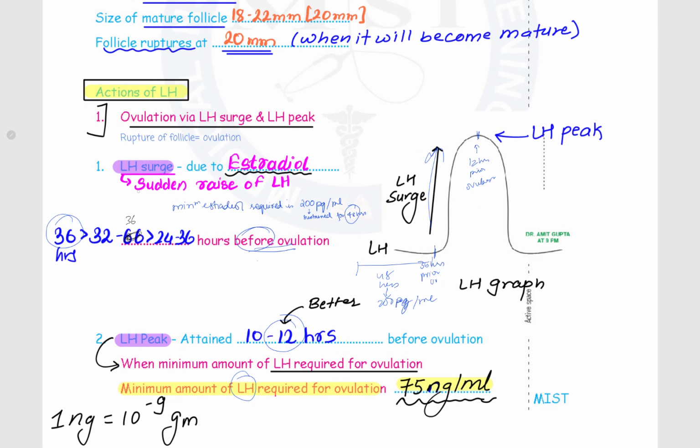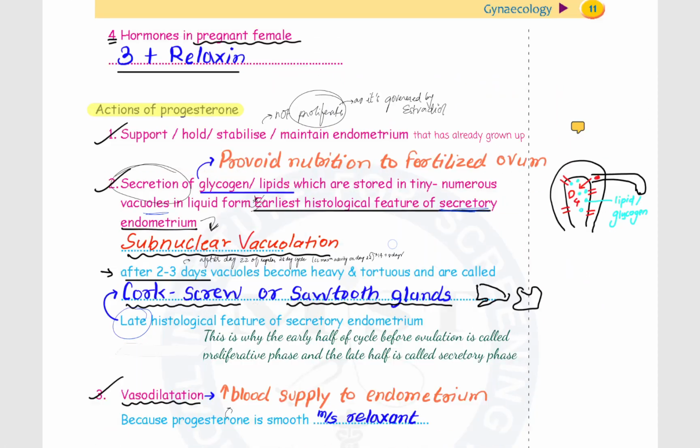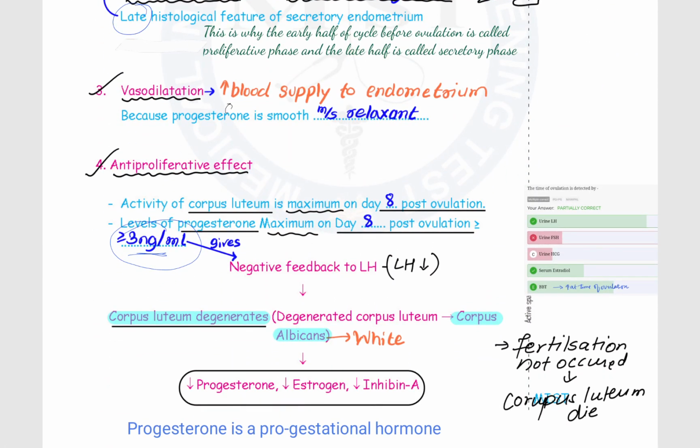We'll repeat. LH surge is 36 hours prior to ovulation, and it occurs when estradiol is at least 200 picogram per ml for at least a period of 48 hours. LH peak is 10 to 12 hours prior to ovulation, and the LH required for ovulation is 75 nanogram per ml. Then we have progesterone: more than or equal to 3 nanogram per ml for negative feedback to LH.